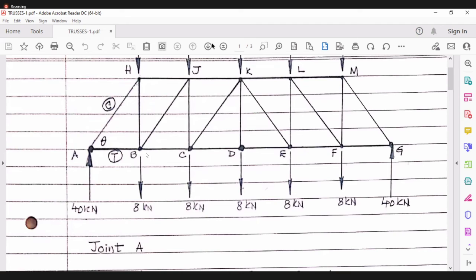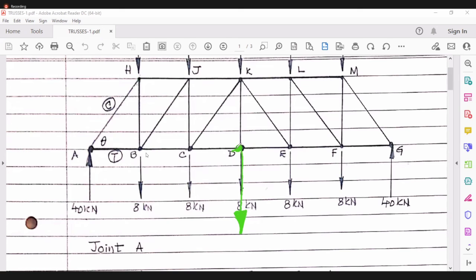Here there can be a pull or a push, we do not know. Here there can be a pull or a push. The only force known over here is 8 kilonewton downward.